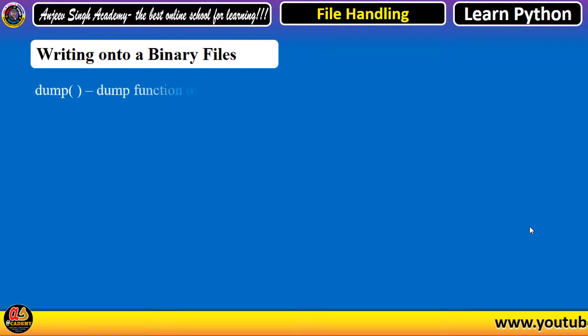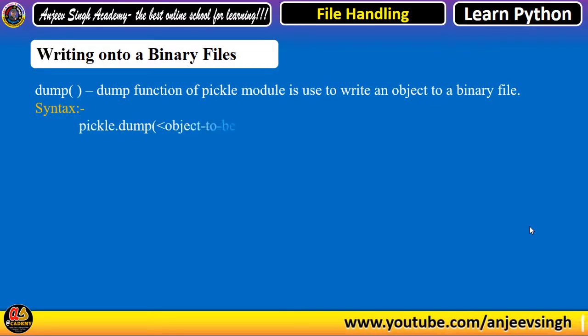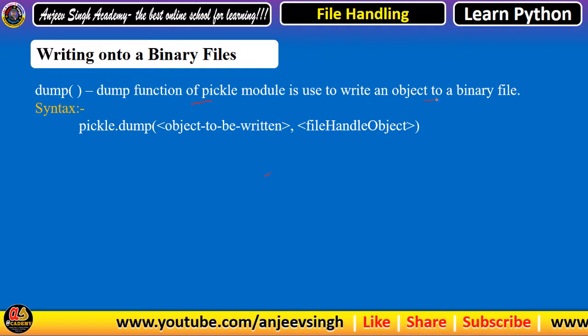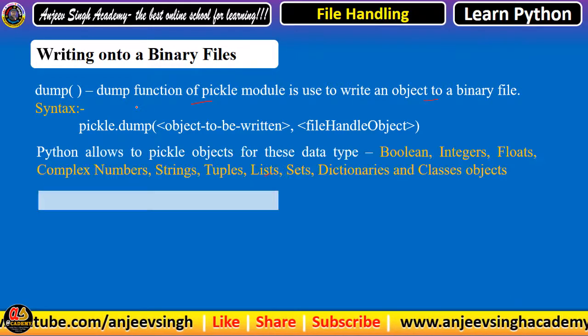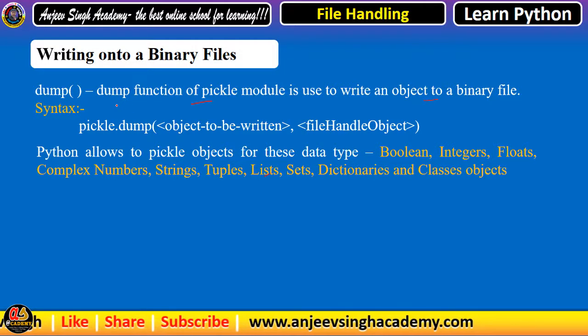First we are going to understand what the dump method, the dump function, is. This is necessary for you to understand. The dump function of the pickle module is used to write an object to a binary file. If you want to write anything in your binary file, you have to use the dump function, and this function is available inside the pickle module.